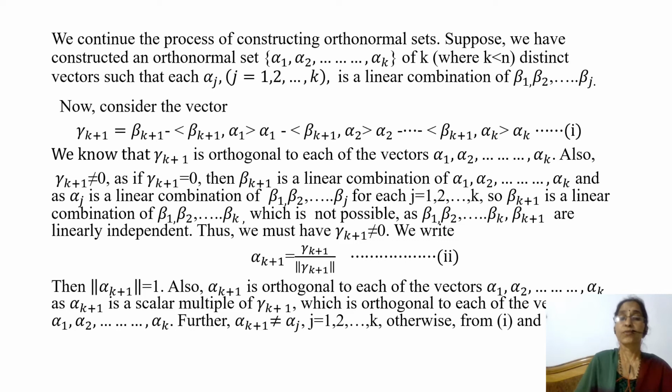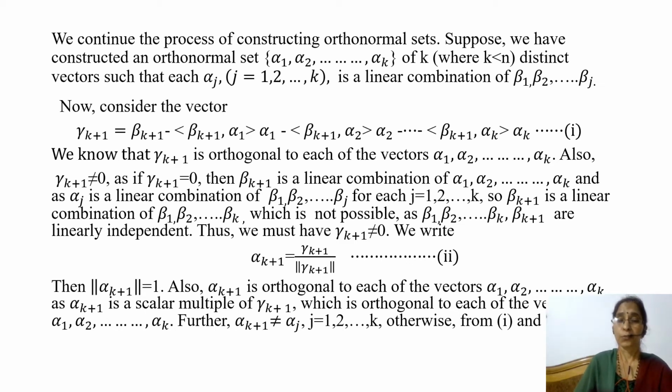Also, gamma k plus 1 is not equal to 0, because if we put gamma k plus 1 equal to 0, then beta k plus 1 is a linear combination of alpha 1, alpha 2, up to alpha k, and as alpha j is a linear combination of beta 1, beta 2 up to beta j, for each j equal to 1 up to k, beta k plus 1 is a linear combination of beta 1, beta 2 up to beta k, which is not possible as beta 1, beta 2, up to beta k plus 1 are linearly independent. These vectors are linearly independent.